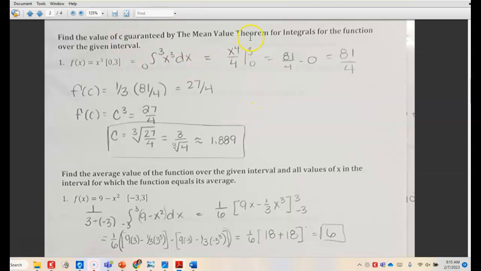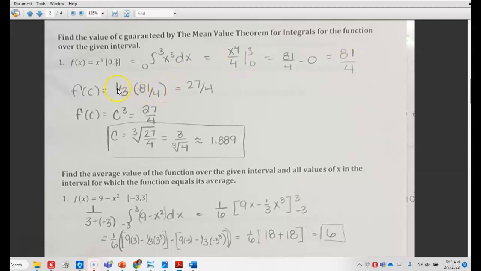So, mean value theorem. Mean value theorem is a fancy way of saying the average value. The mean value theorem for integrals says that you integrate that function and find its average, so that's 1 over b minus a. I integrated from 0 to 3 of x cubed dx and got 81/4. 81/4 represents the integral value.